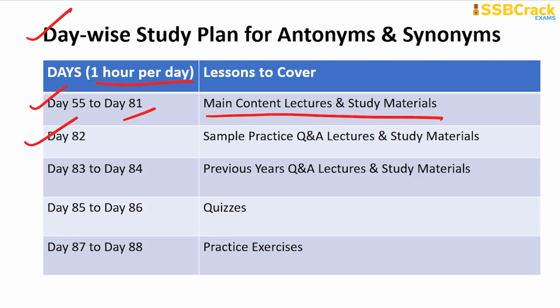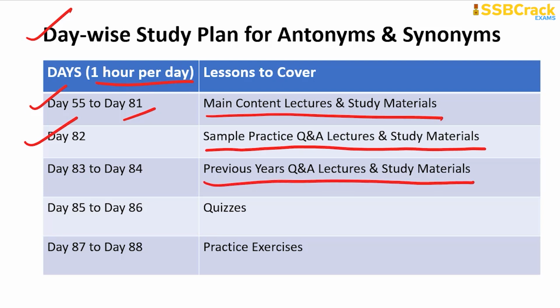Then in day 82, you need to cover all the sample practice Q&A lectures and study materials for both antonyms and synonyms topic, right? Then for previous year's Q&A lectures and study materials for both, day 83 to day 84 will be perfect for you, 1 hour each day.